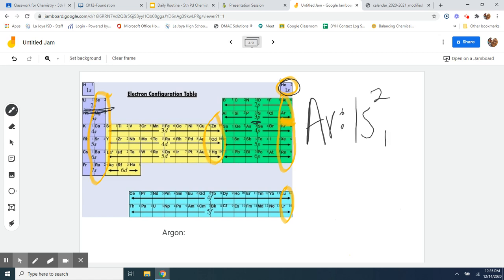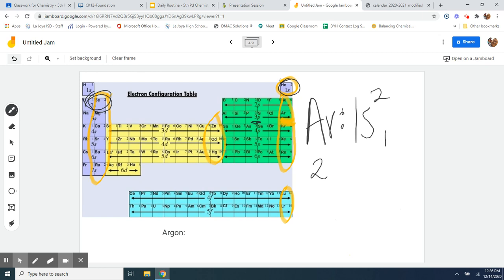Can somebody help me, please? Somebody come off mute and just tell me what to write. What does it say here for the second orbital in energy level 2? I know I kind of went over it. It says 2, right?